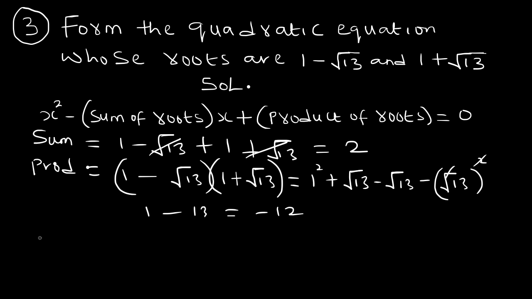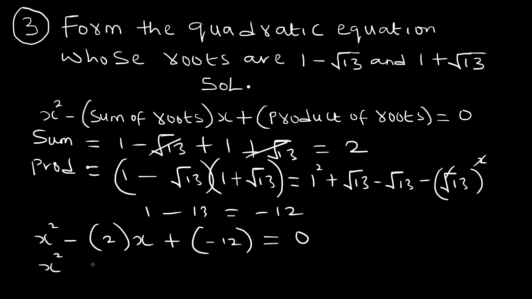If we substitute into the formula, we'll have x squared minus the sum of roots, which is 2x, plus the product of roots, which is minus 12, and everything is equal to 0. So if we go further, we'll have x squared minus 2x, plus minus is minus, so minus 12 is equal to 0.